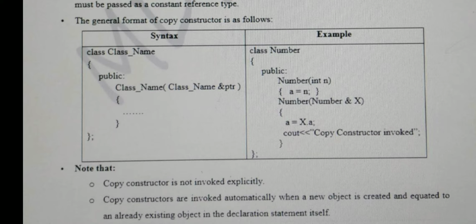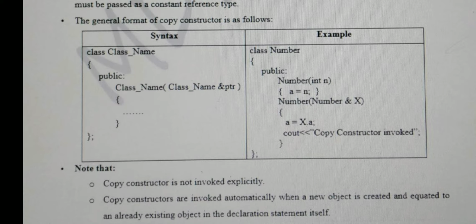Now under the public section you can see class name ampersand ptr. On the right hand side, under example, under public you have number, and after that, open the bracket, int n, close the bracket, that we call arguments. If you observe, the class name is number, and under public also number is there.